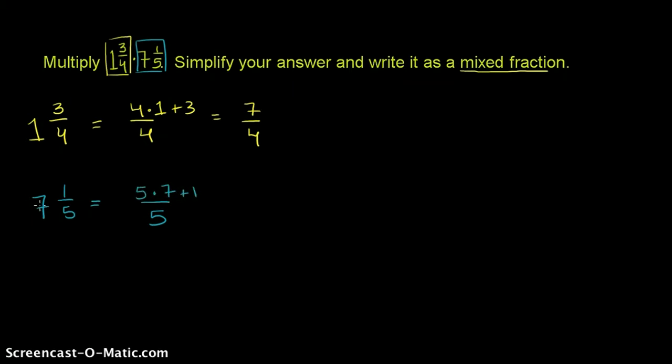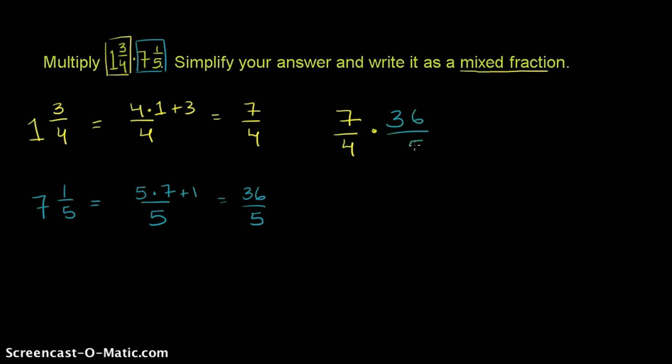So 7 is 35 fifths, then you have 1 more fifth, so 35 plus 1 is equal to 36 fifths. So this product is the exact same thing as 7 over 4 times 36 over 5.